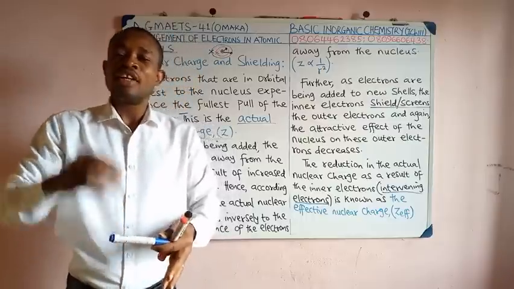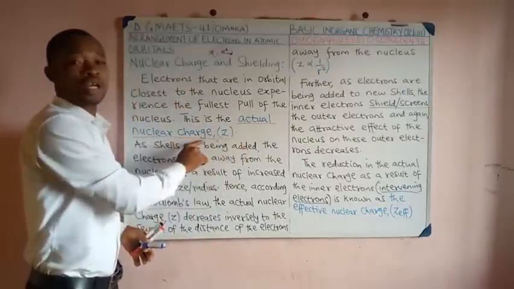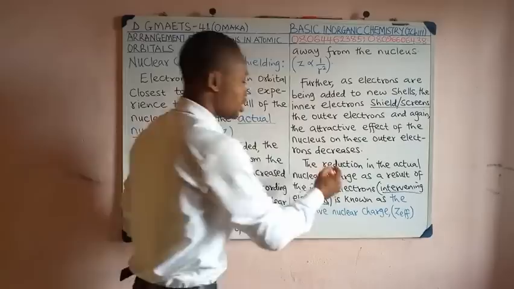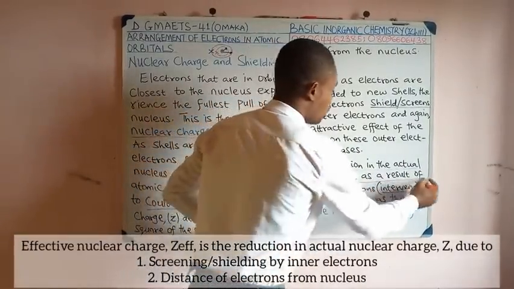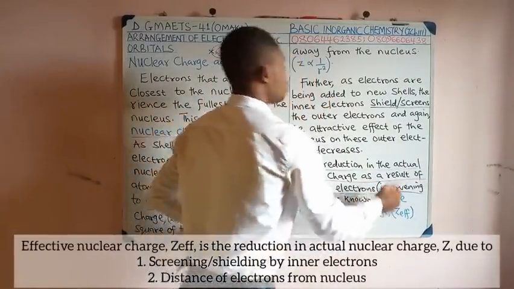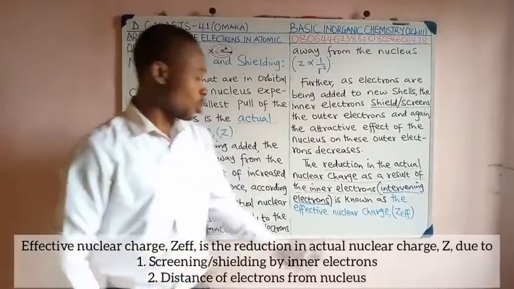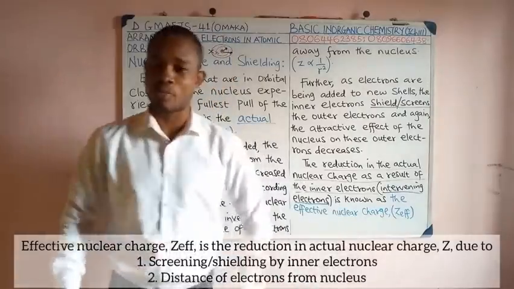It leads to a reduction in the actual nuclear charge. That reduction in the actual nuclear charge is known as the effective nuclear charge. The reduction in the actual nuclear charge as a result of the intervening electrons is known as what? The effective nuclear charge. We're going to use Z effective to represent that.